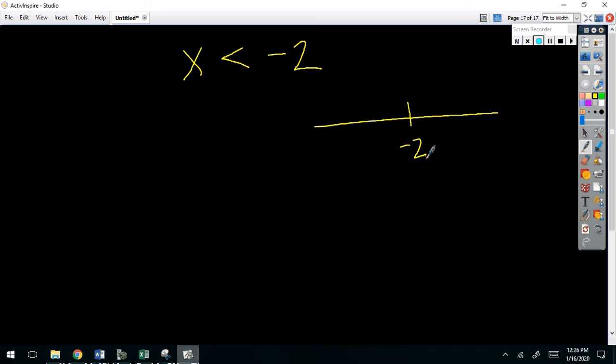Negative infinity. Do you see that? Because this would actually be an open dot going in this direction. So the smallest that it can be is negative infinity, with a parenthesis, because infinities are always going to get parentheses. Up to what? -2. Bracket or parenthesis? Parenthesis. See what we're doing here? It's not a hard concept, it's just a more concise way to write it.